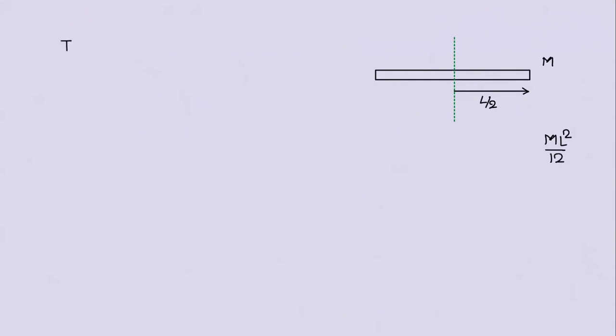The moment of inertia of the rod I is equal to some unknown value alpha multiplied with mass and some dimension you take.